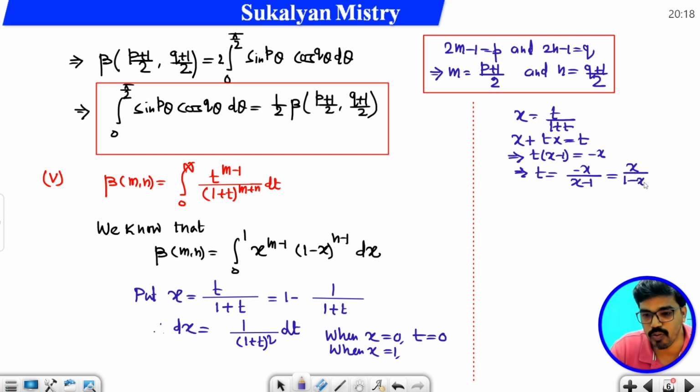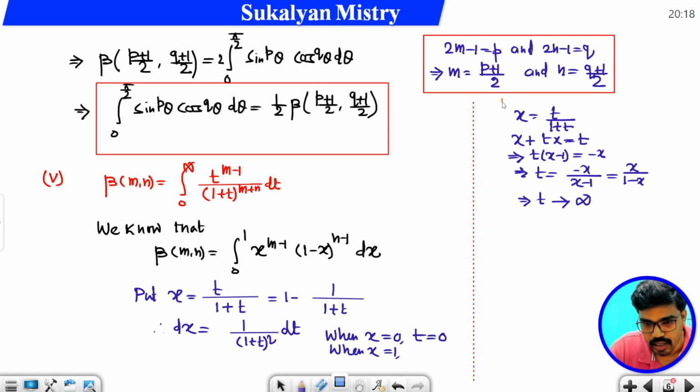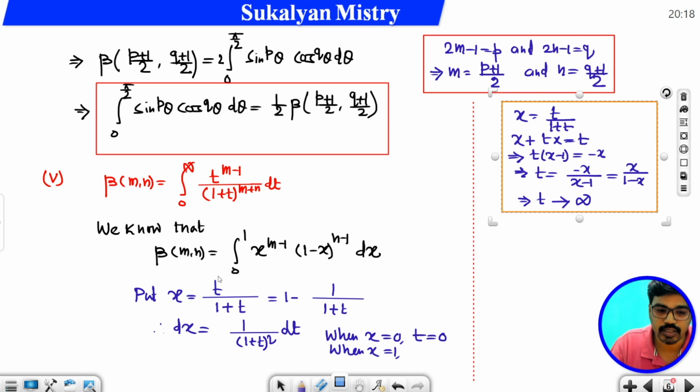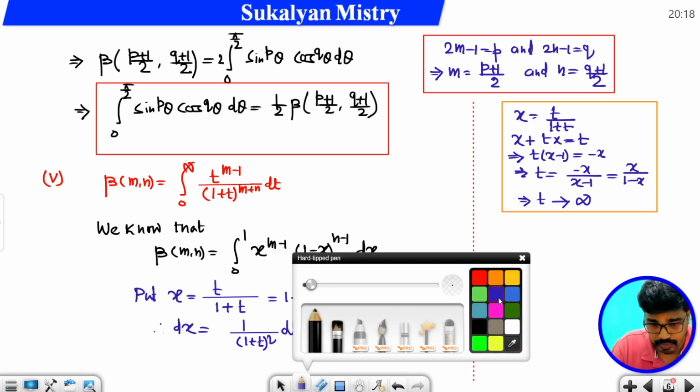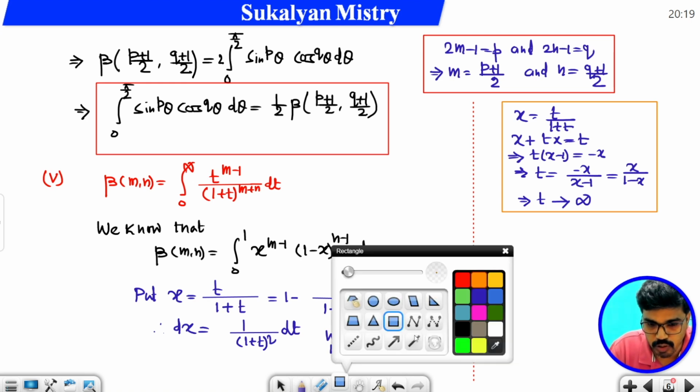So when x is equal to 1, just see, t tends to infinity. Is it clear? x is equal to t plus 1 by t. When x is equal to 1, you put x is equal to 1, so 1 by 0, that tends to infinity. So when x is equal to 1, we see that t tends to infinity.